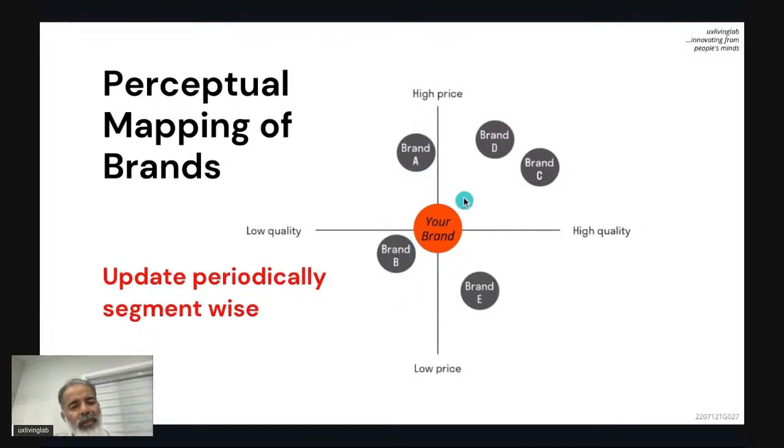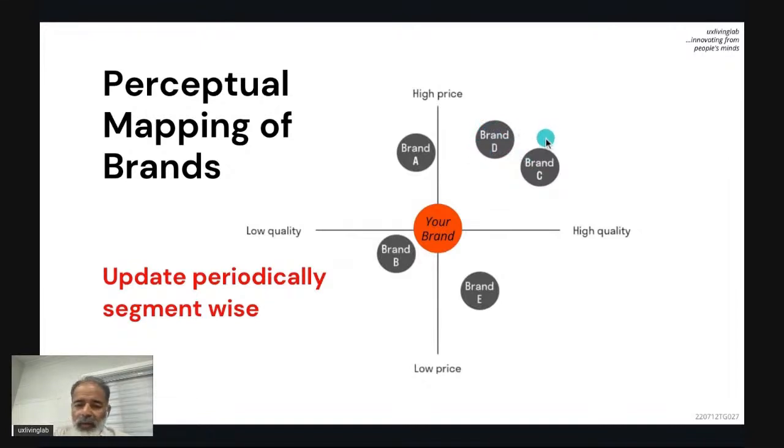So you have to keep this map for each segment you are talking about, whether geographically, demographically, or sales wise, or whatever segmentation method you already explained in the initial segmentation process. For each segment you have to keep this and update periodically.